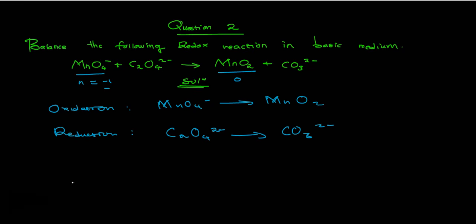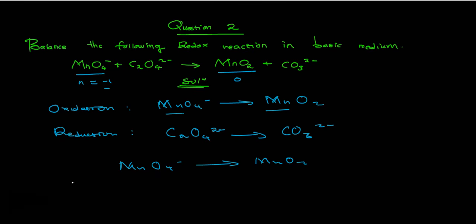So our second step now is to balance atoms other than oxygen and hydrogen. We are balancing. So in this we have manganese. It's 1 and 1, balanced, so we can write it down here as already balanced.